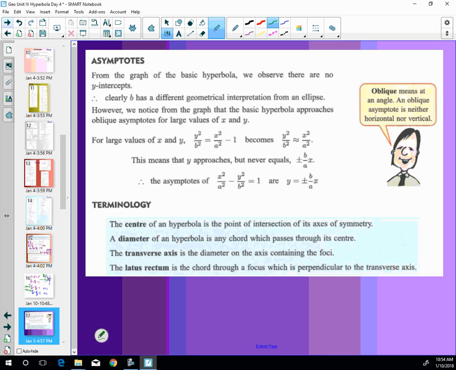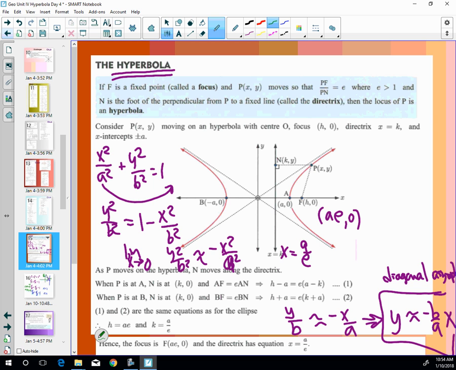Yeah, they just call them the asymptotes. So they're going to have a new characteristic here. You're going to have y equal to plus or minus b over a times x. These are going to be your asymptotes.